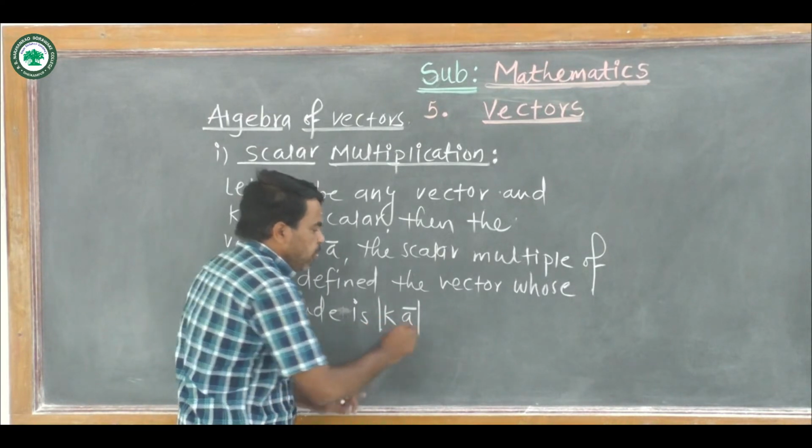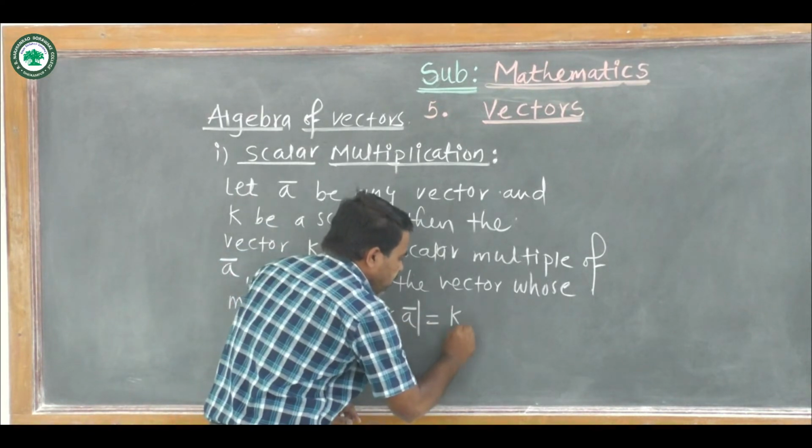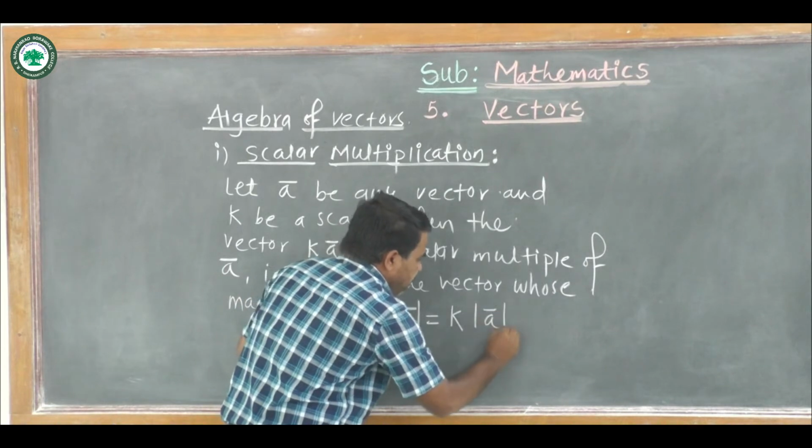Magnitude of k into a bar is equal to k into magnitude of a bar.